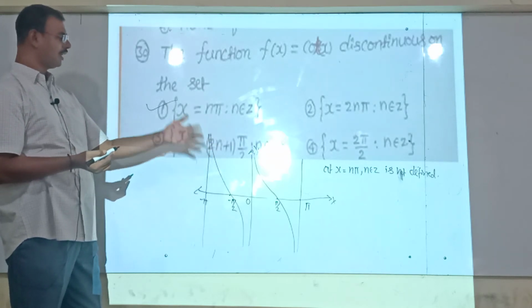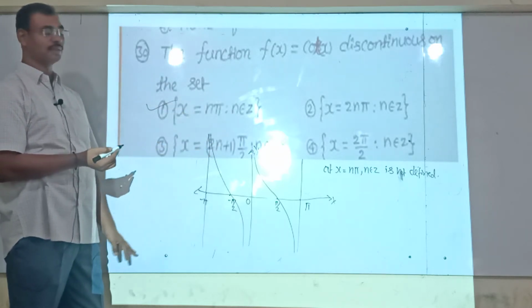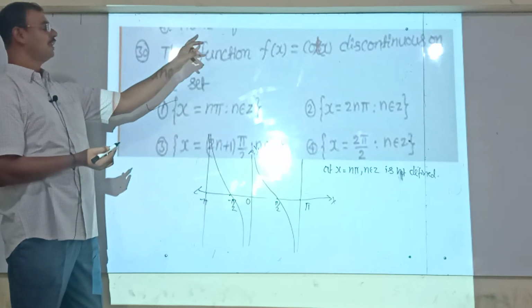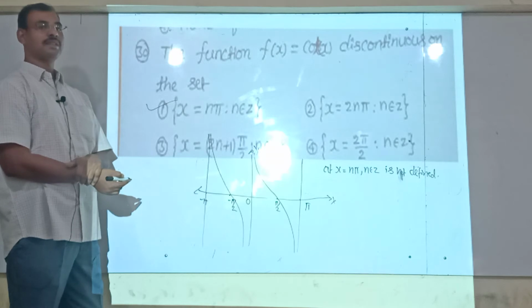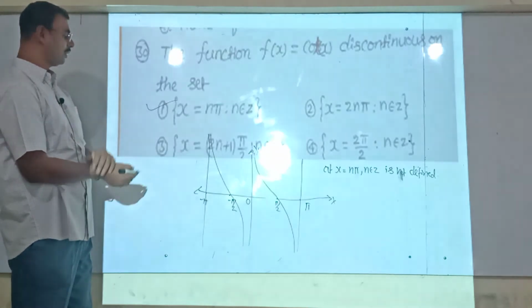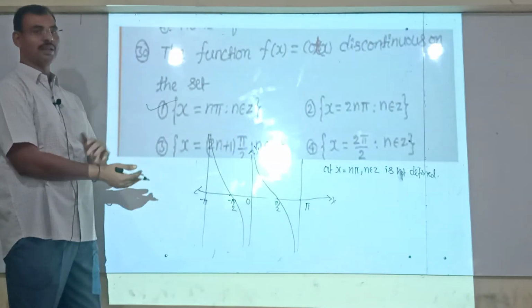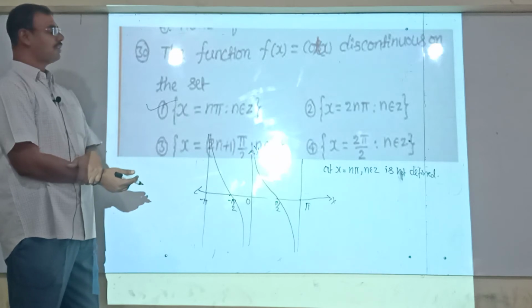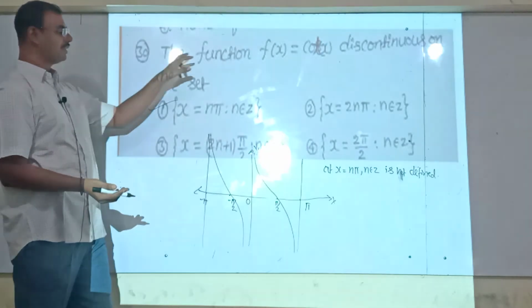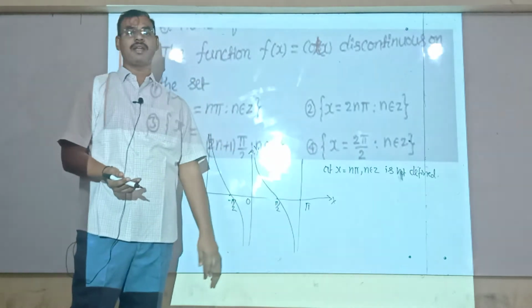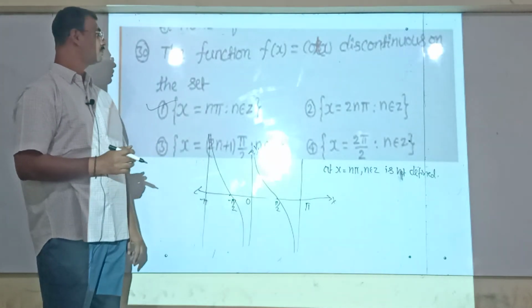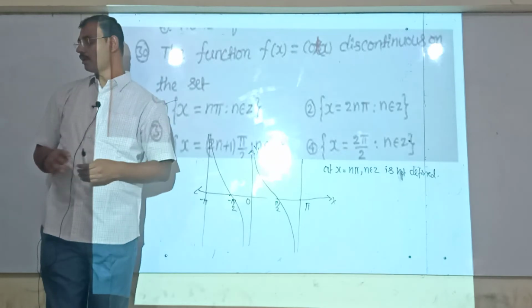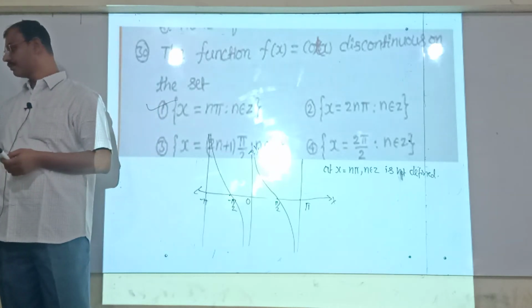The cot x graph is not defined at multiples of pi. So these are right. Then it is continuous on R minus n pi, when n belongs to Z, and only the domain is defined. Okay. Next problem.